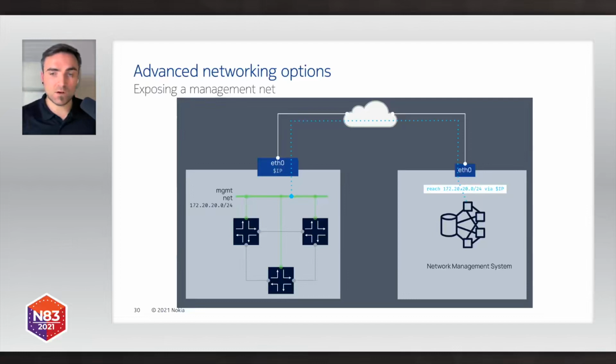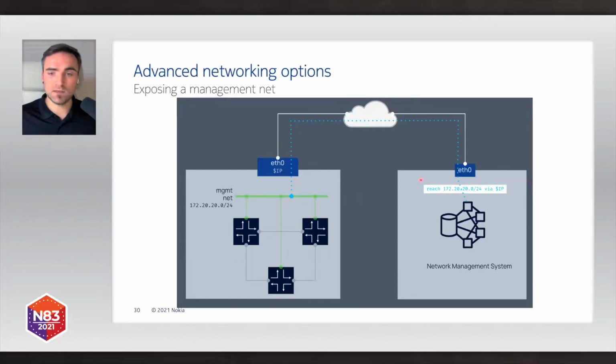This route will say, to reach the management network that Container Lab creates, and by default we use the 172.20.20 network, this network can be reached through the IP address of the machine that hosts Container Lab. And by doing that, you will be able to stitch your NMS with your lab. So that is one of the ways.